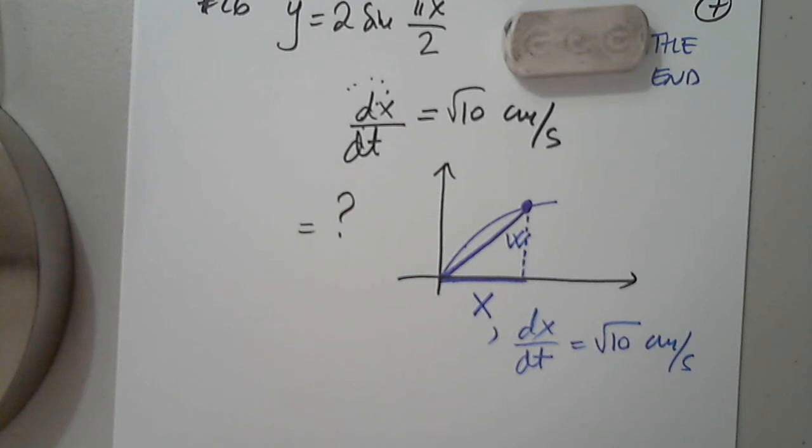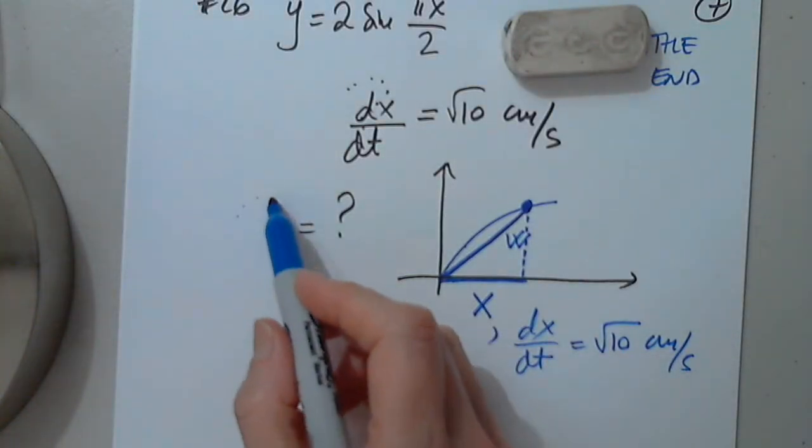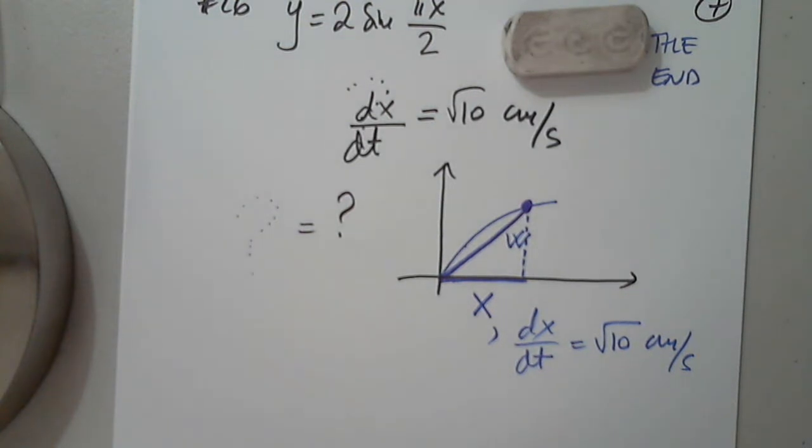How fast is the distance from the particle to the origin changing at this instant? So now I'm asking you, what is this? What am I asked to find? Velocity. So let's look at the graph. It says, how fast is the distance between the particle and the origin changing at such instant, such and such?